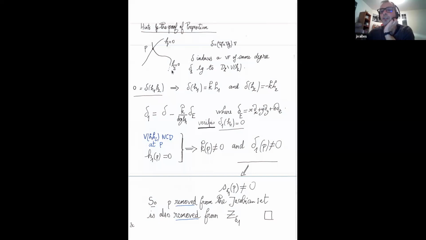But if you want a derivation that gives you zero, there is some shift or some change. We begin with some delta vanishing on H1 and H2, and we are able to produce a new derivation vanishing also along H1. But you have to make some twist with the Euler derivation.